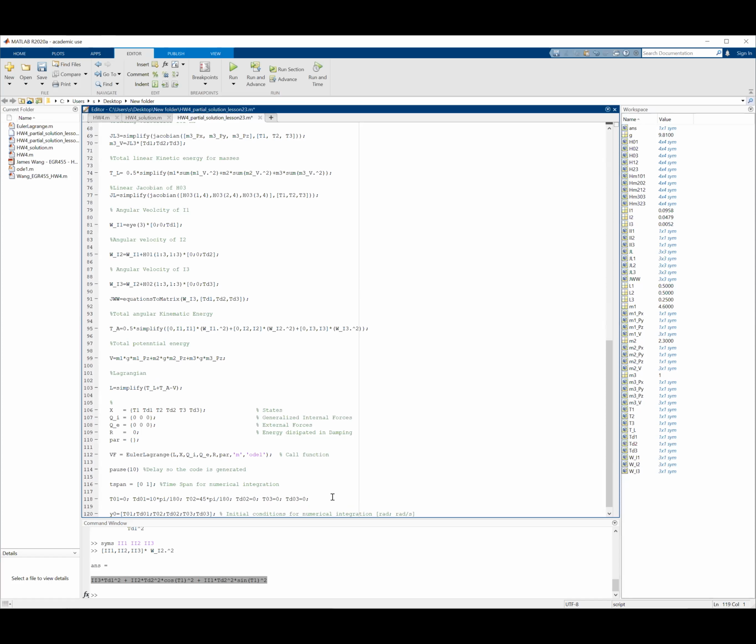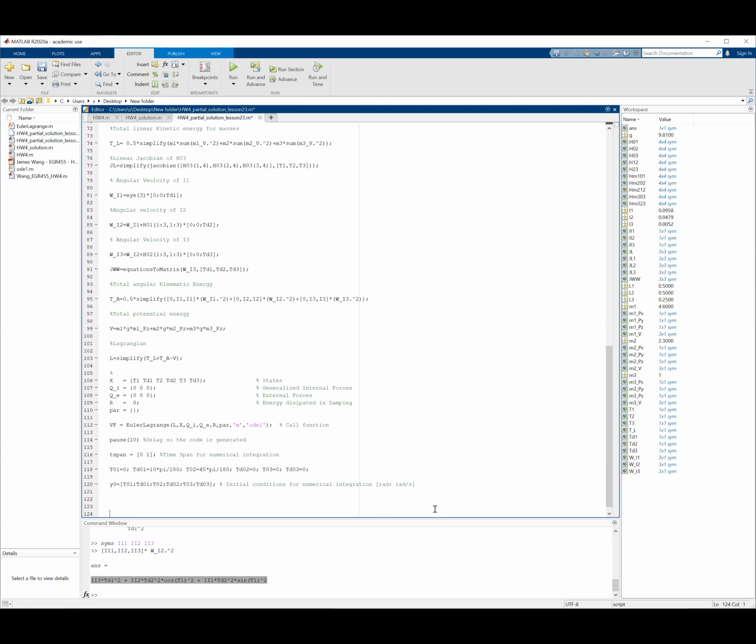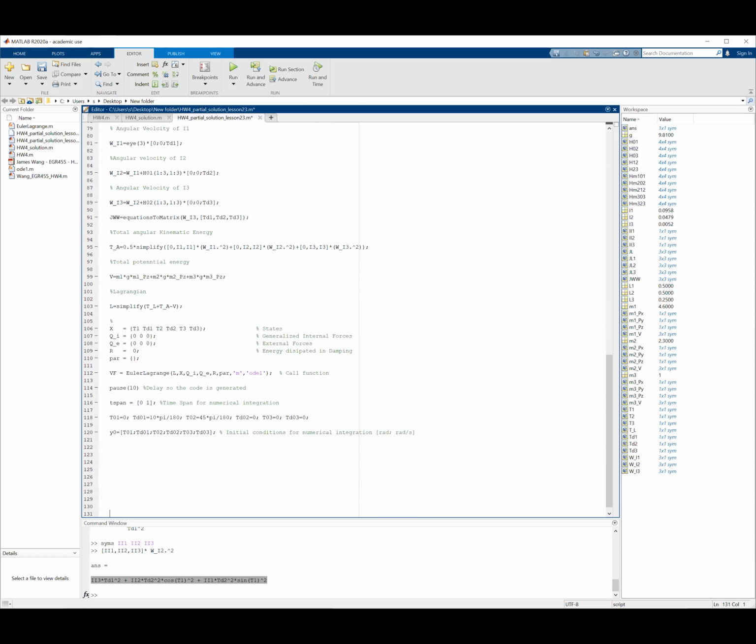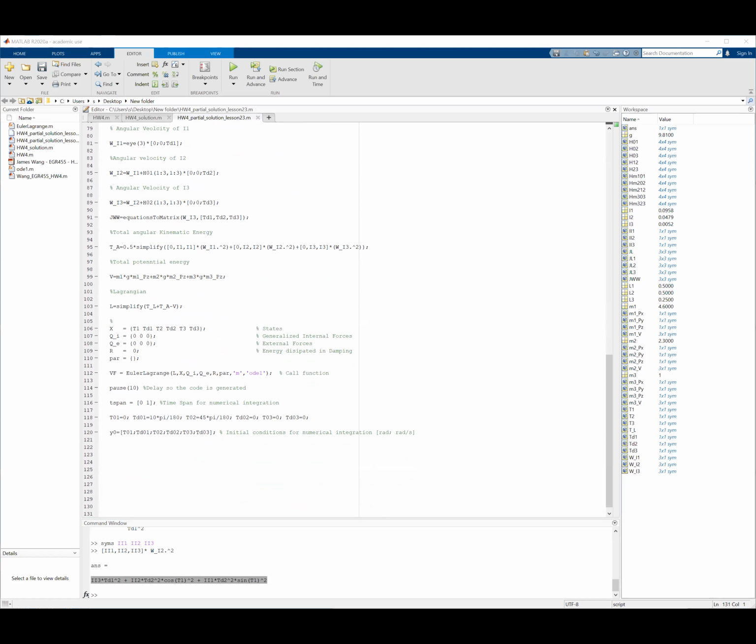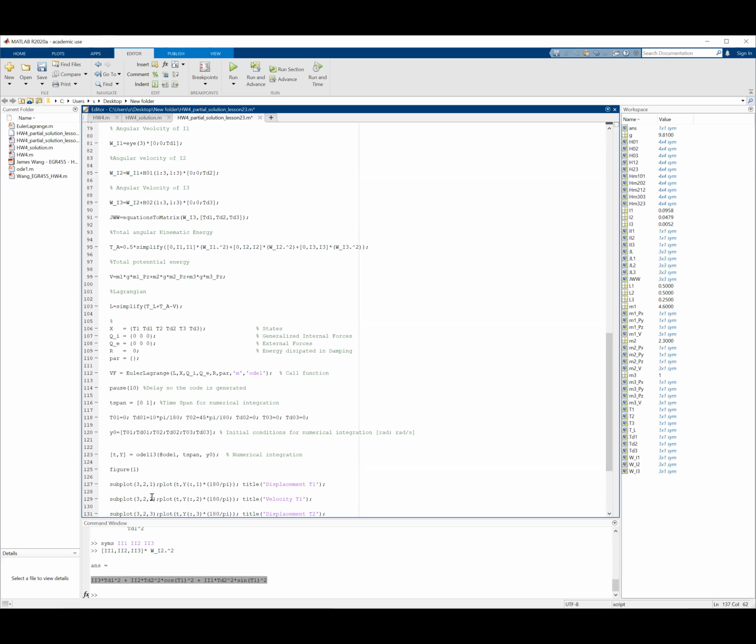So this is how it is done. And then I will invoke the numerical integration code ODE45. So I'm gonna copy and I'm gonna paste it over here.